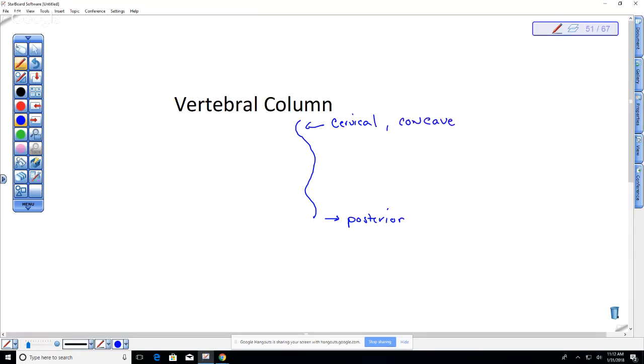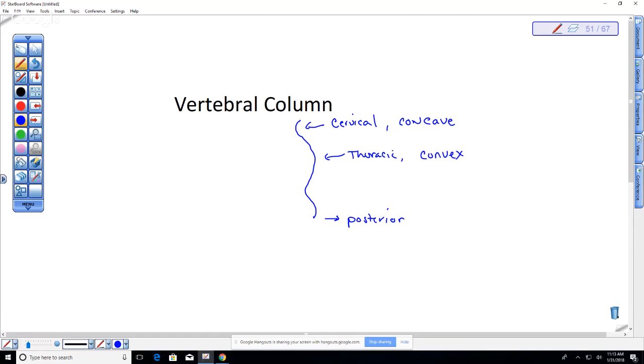You don't want your neck to be completely straight. You want a normal concave arch in the back of your neck. Then this is the thoracic region, and this is not concave, it's convex. Your back kind of sticks out, so this is the normal arch for the back.